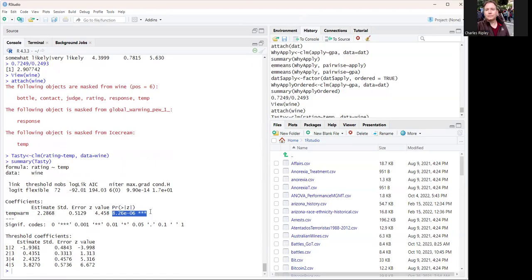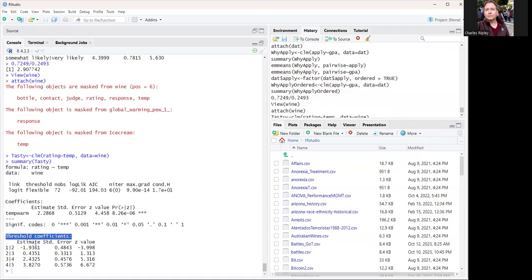So here we would reject the null hypothesis that there is no relationship and would conclude with the alternative hypothesis that warm does increase people's liking, I guess, of this wine. But what's interesting down here, these are threshold coefficients where they become significant. And you see the z-value is pretty good.